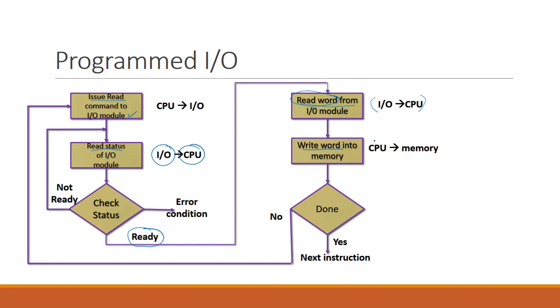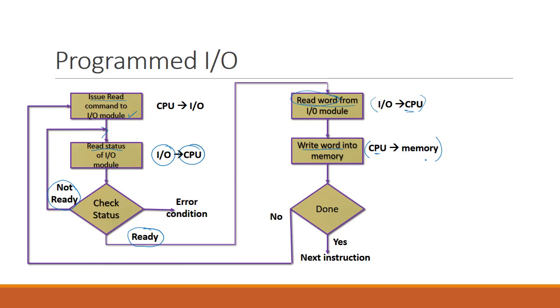So here the data transfer happens from the input output module to memory via the CPU. If the input output device is not ready, the flow moves back here, which means the CPU has to check the status of the input output module again.